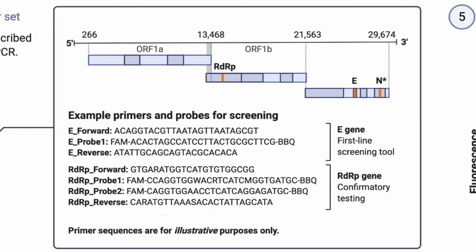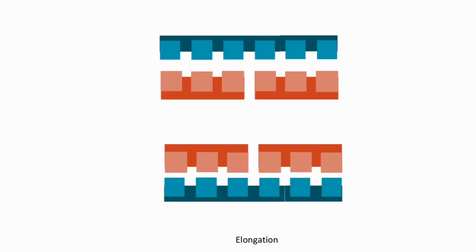So any other genetic material, such as that of the human host or any other bacteria or virus present inside the swab sample, will not be amplified. And finally, after the annealing process, elongation occurs, where more nucleotides are added to the sequence. We will now look at all these processes that we have described earlier inside the lab.